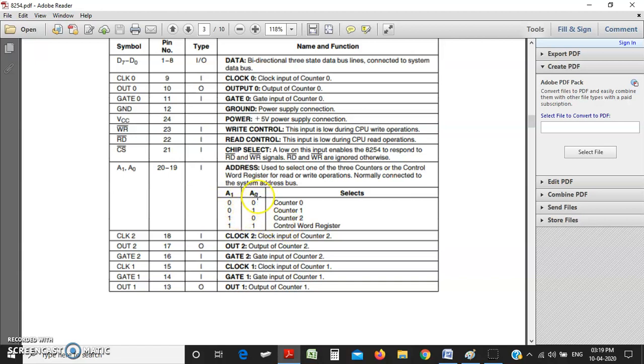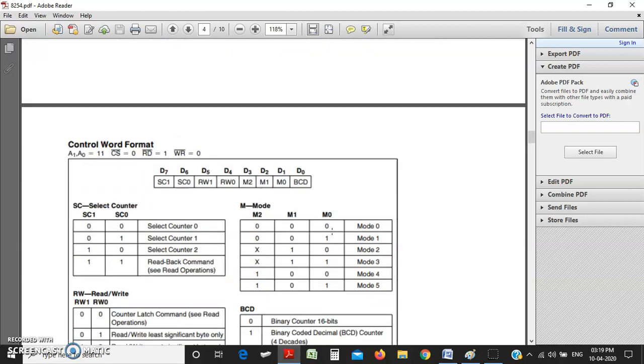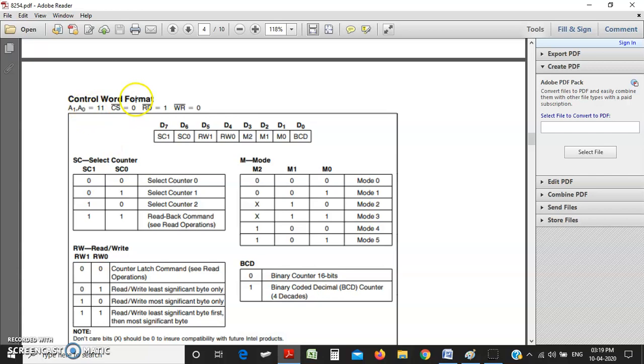So A1 A0 value 00 will select counter 0, 01 will select counter 1, 10 will select counter 2, and 11 will select the control word register. Now, according to the control word, this IC will work, and the control word will specify which operation, which mode, which counter will be selected, and whether it will count in binary or BCD number system.